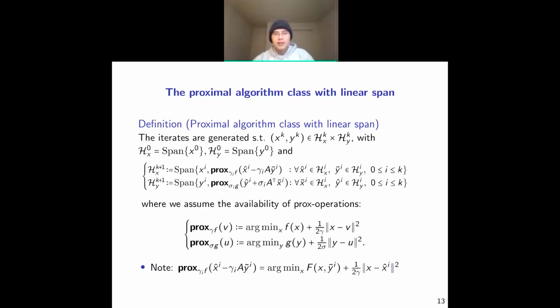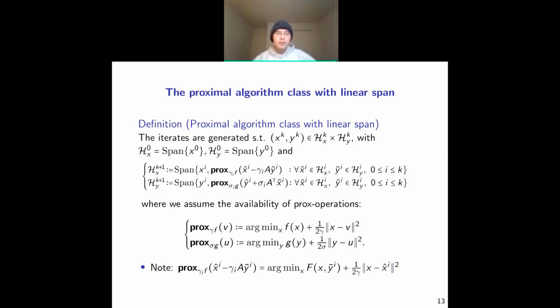So in this case, we define the proximal algorithm class with the linear span structure. We say any algorithm belongs to this algorithm class if the iterations generated by the algorithm lie in these subspaces, defined differently. The first ones are still the linear span of your initial solution.